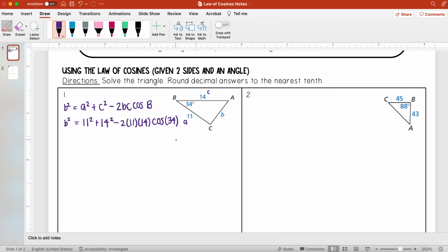Then I'm going to simplify from here. 11 squared, I get 121, plus 14 squared, which is 196, minus 2 times 11 times 14, which is 308, cosine of 34. 121 plus 196, I get 317.